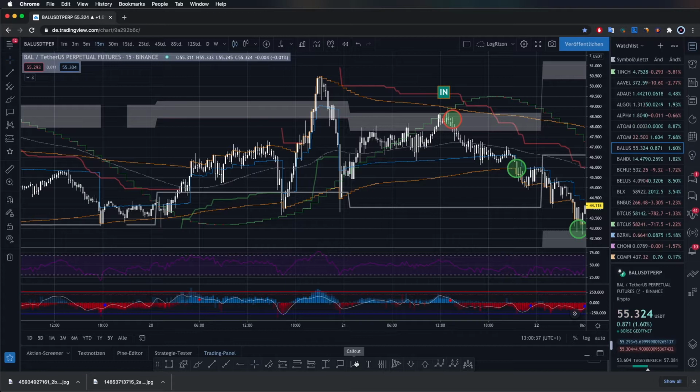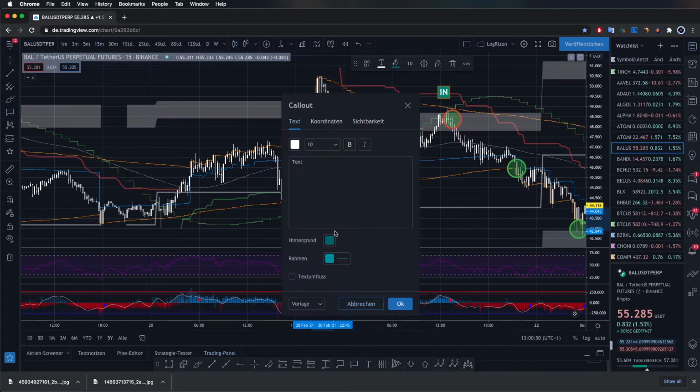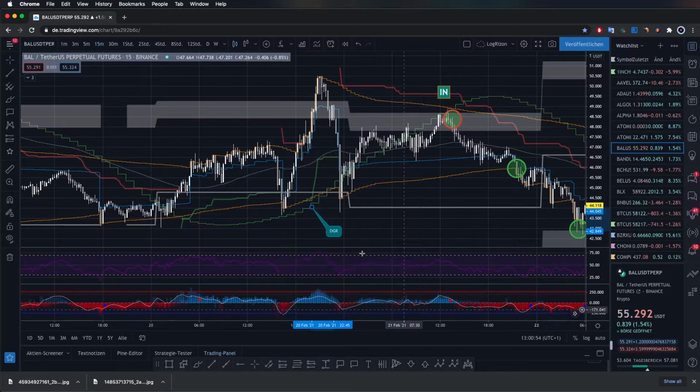Before I start to show you my trading example, which is actually some weeks old, from the end of February, I will point out again the most important aspects of the indicator I used.